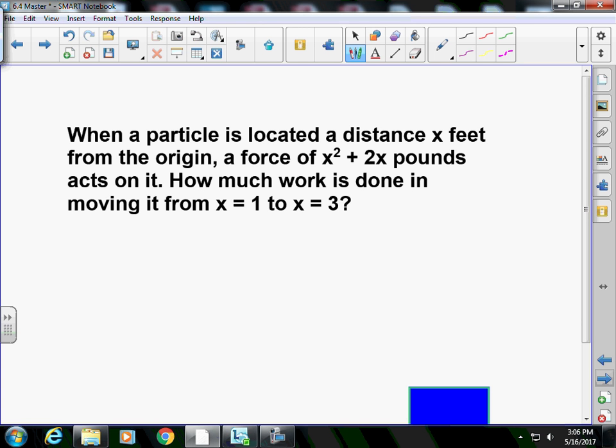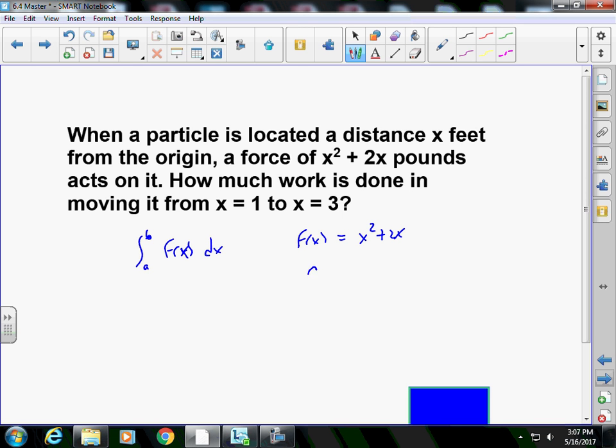When a particle is located at a distance x feet from the origin, a force of x squared plus 2x pounds acts on it. So we have the integral from A to B of some f of x dx. All right. We know f of x, the force, is x squared plus 2x.